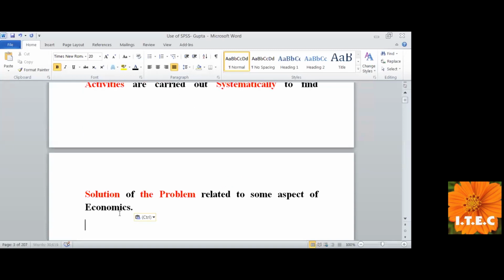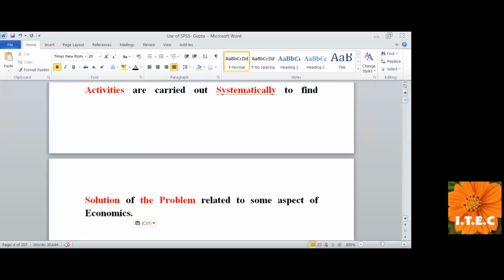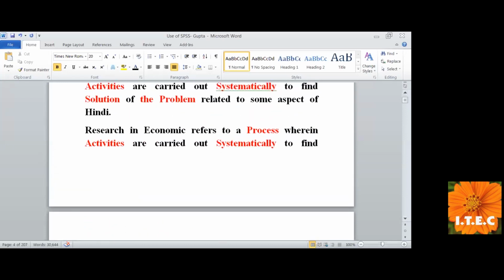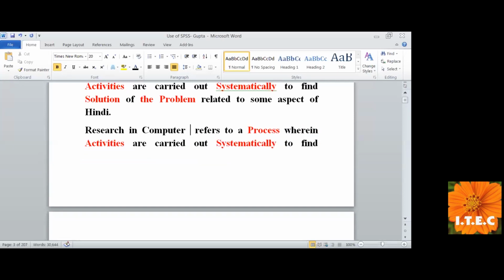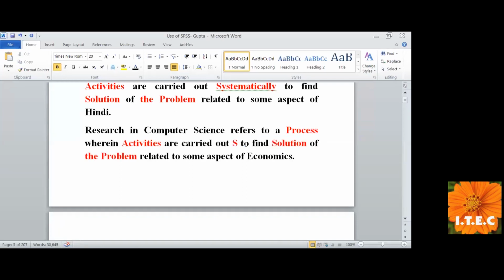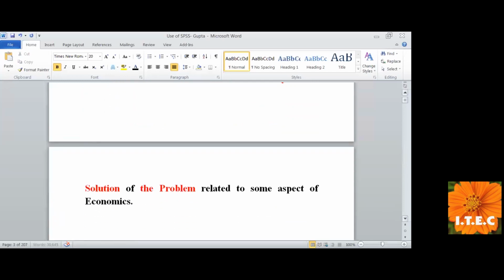If you want research in computer science, so research in computer science refers to a process wherein activities are carried out. Here, I like to use the word scientifically. Carried out scientifically to find solution of problem related to some aspect of computer science.